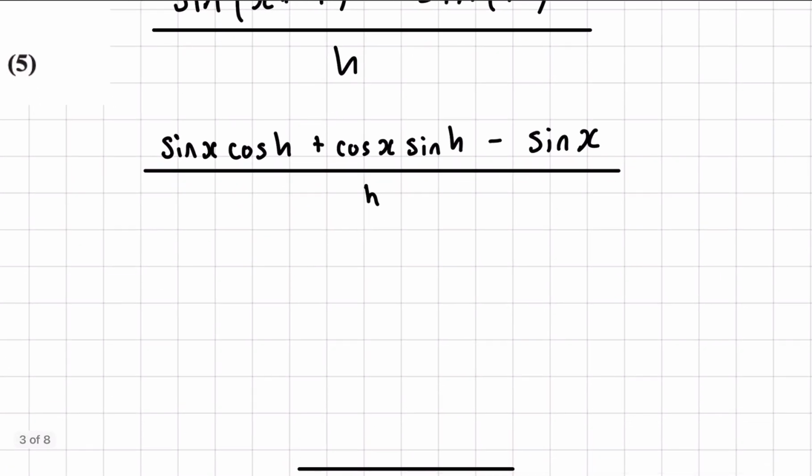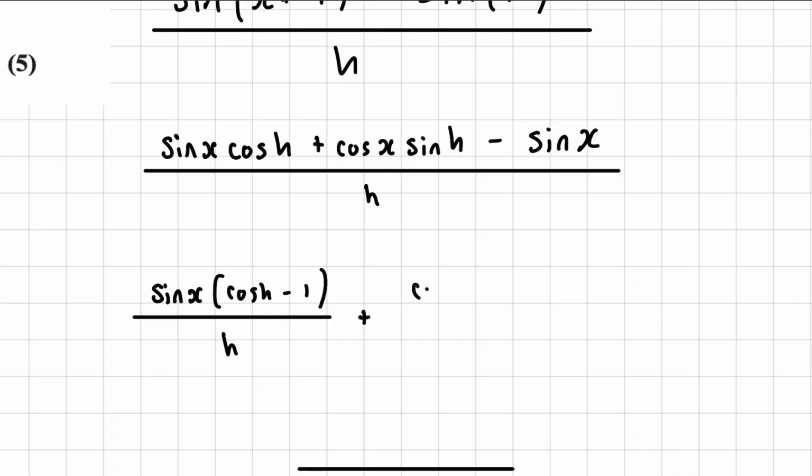So then what we do, we want to factorize out the sine x here. So we've got sine x brackets cos h minus 1 all over h. I am just splitting this up now.